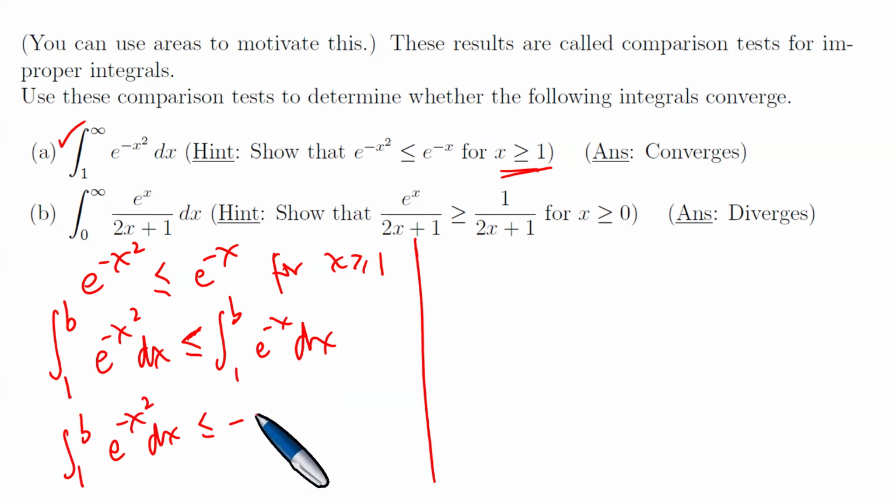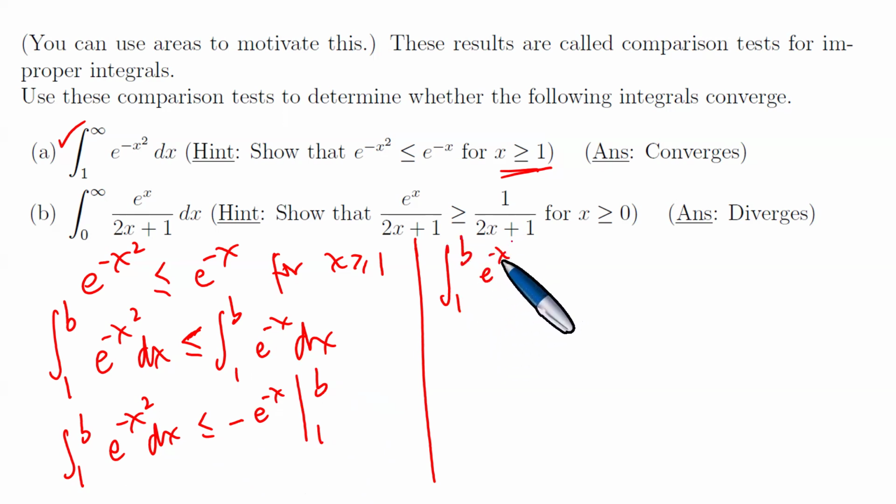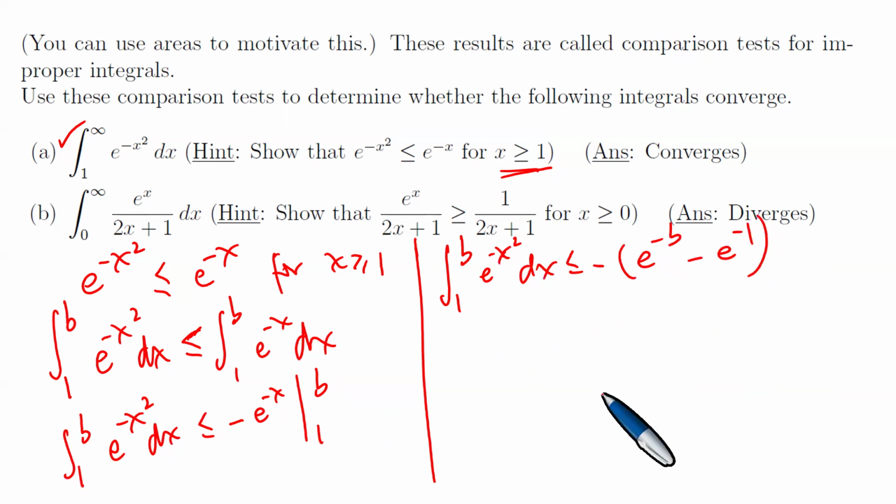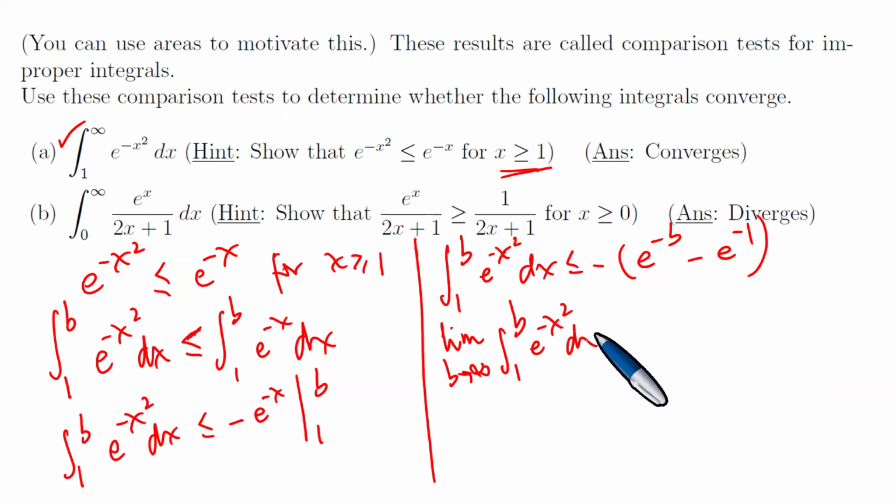What is the integral of this? It's minus this, 1 to b. Okay, so you find the integral and the integral becomes this. At this point, you take the limit as b approaches infinity.